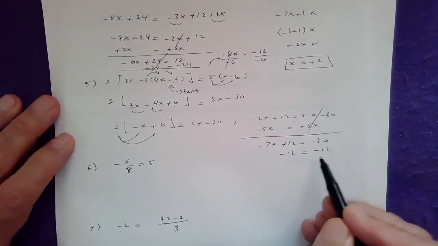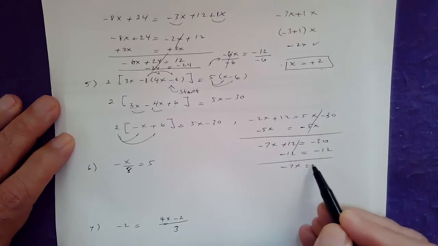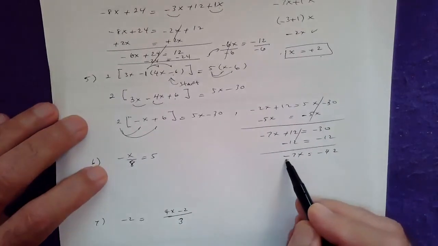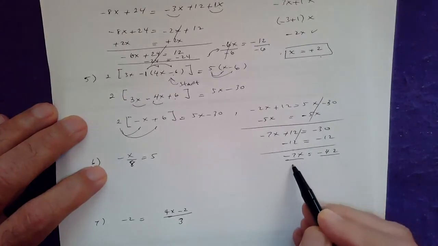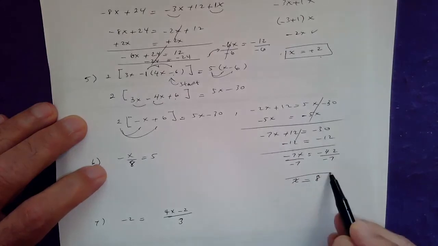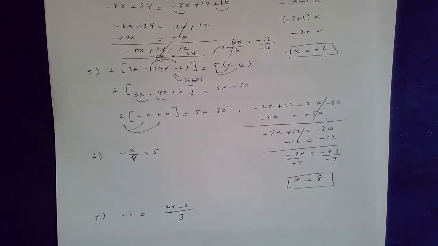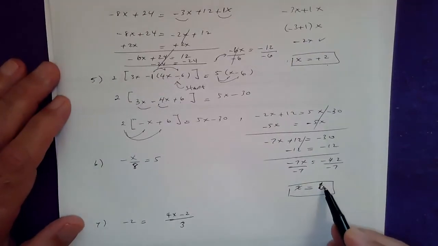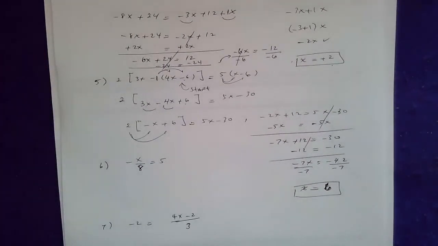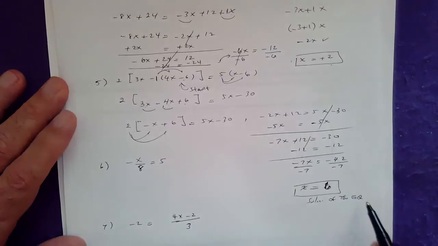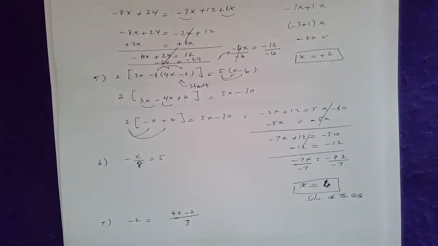Subtract 12, you get negative 7x equals negative 42. Divide both sides by the coefficient of x, which happens to be negative 7. So x is equal to what? 8, is it? No, it's not. 6, is it? Right? So that is the solution of the equation.